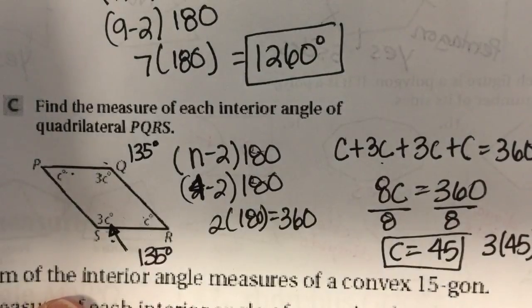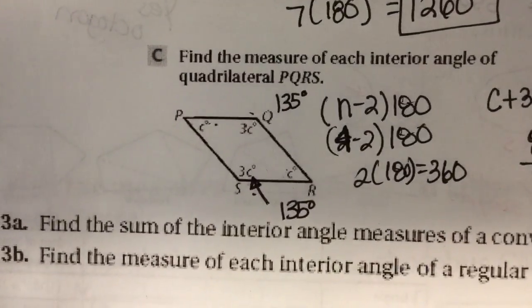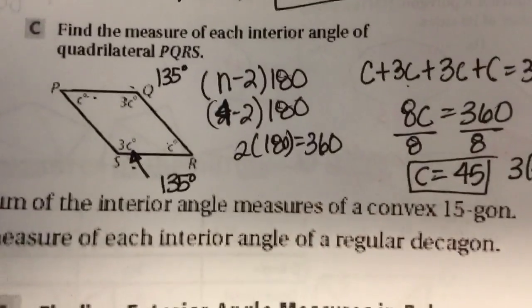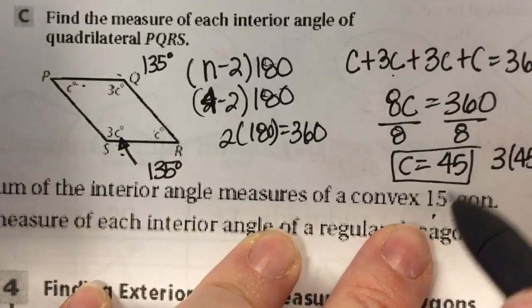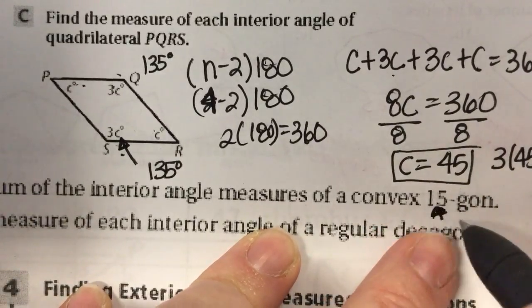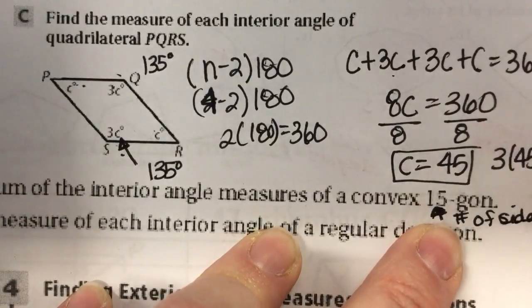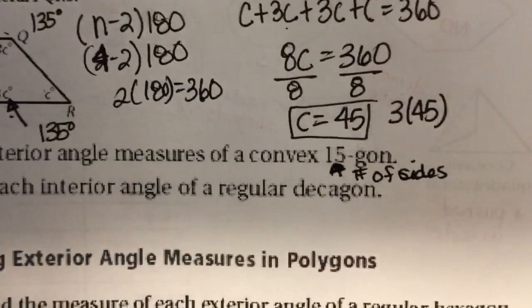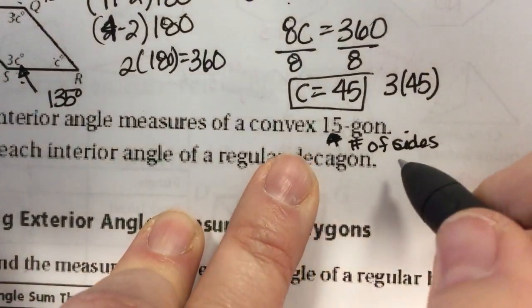All right, on 3A, it asks us to find the sum of the interior angles of a 15-gon. When they write it like this, this is the number of sides. So basically, this is just plugging into the formula and putting it into your calculator.